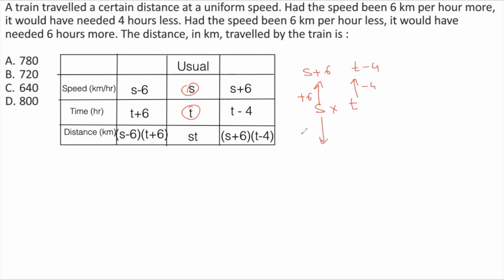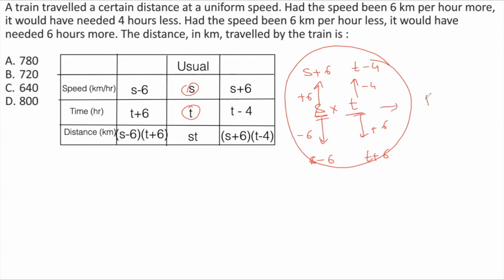Similarly, when s is reduced by 6, s − 6, t would increase by 6, or it will become t + 6. So I want an option that satisfies this condition. Two of its factors, s into t, the product should be that particular distance. Speed increased by 6, time decreases by 4, and speed decreases by 6, time increases by 6.